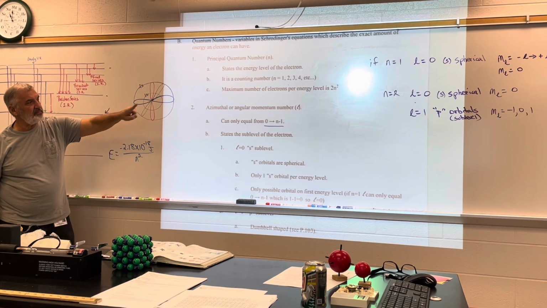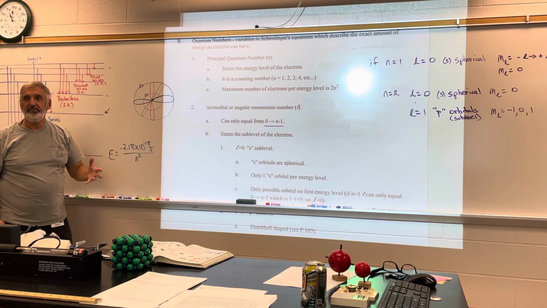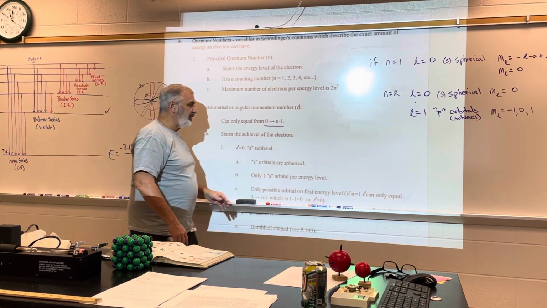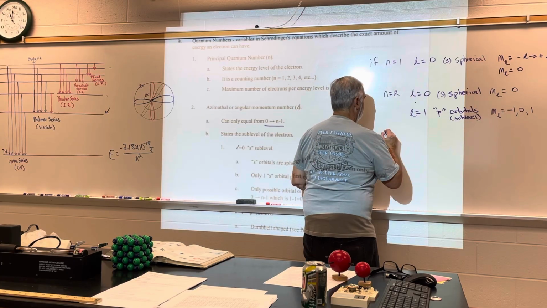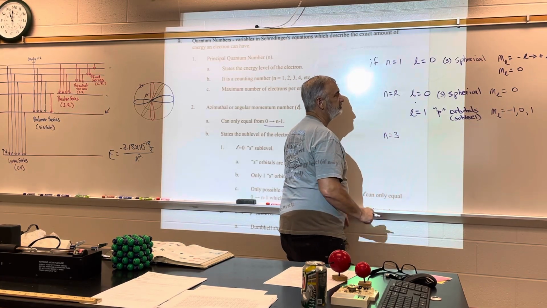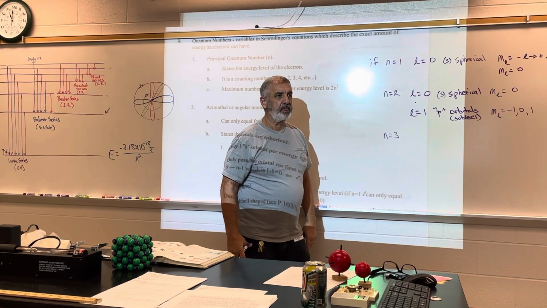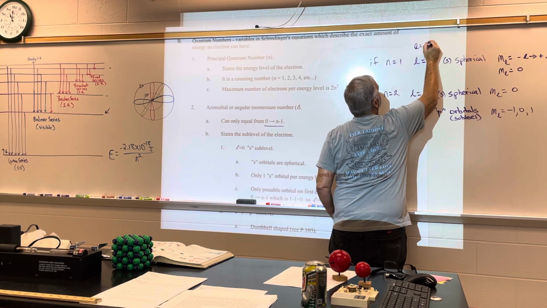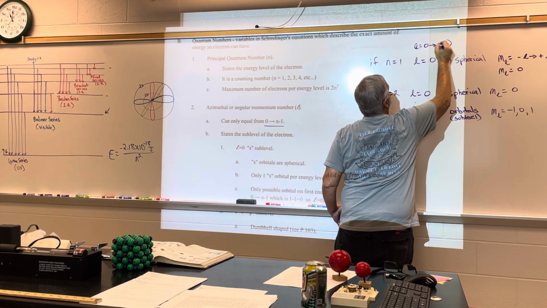The energy is dependent upon the values of these quantum numbers. So, if I go to the third energy level, n equals 3, now what can l equal? l can equal from 0 up to n minus 1.